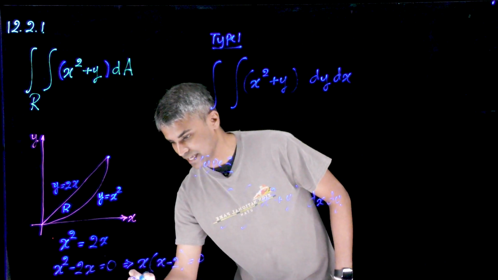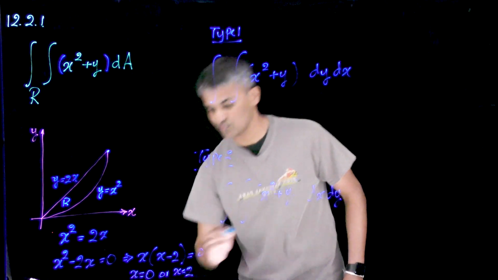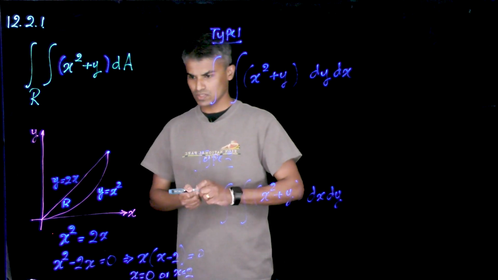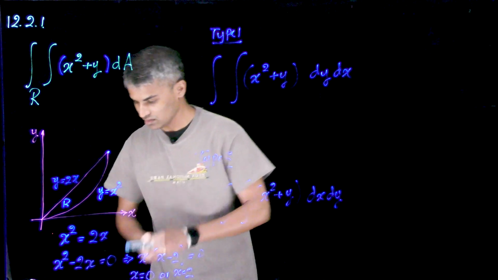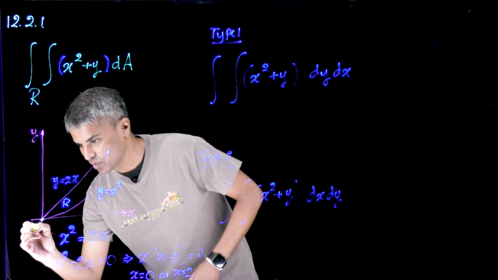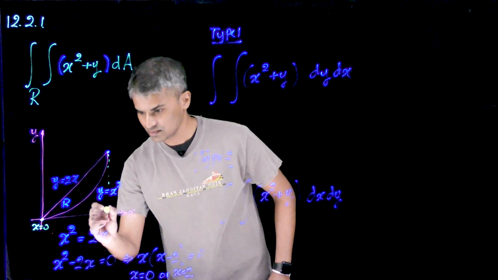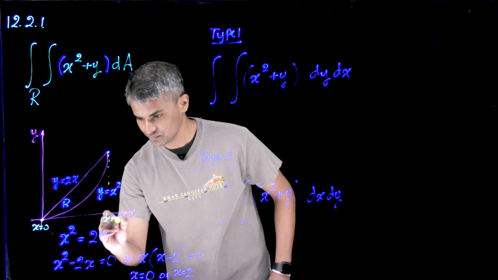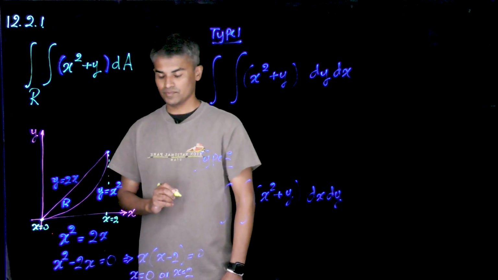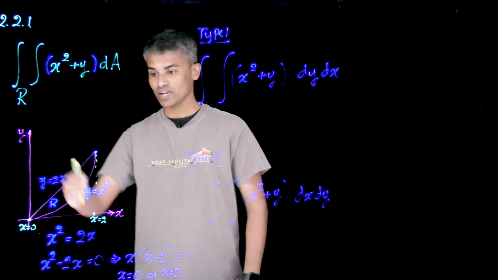This means either x is 0 or x is 2. So x equals 0 corresponds to this point, and x equals 2 to this point.